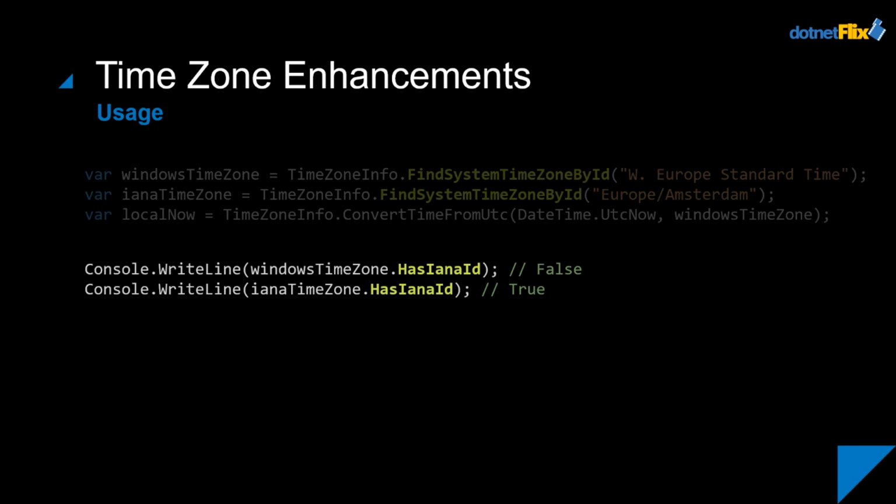There's a few properties they've also added on the TimeZoneInfo that you get back from FindSystemTimeZoneById. For example, the HasIanaId, which is false for TimeZoneInfos that have been retrieved with a Windows time zone, and true, of course, for TimeZoneInfos that have been constructed from an IANA time zone.